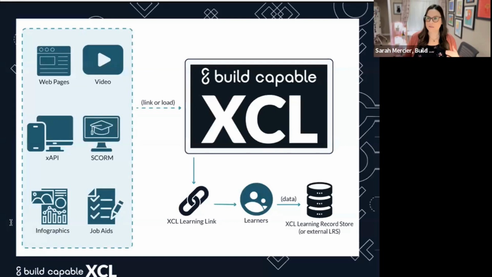And I think that is something that is definitely different about the way that XCL works, because on the flip side of that, one of the problems that we often had was that we had organizations we were working with that wanted the opposite. They wanted to know who was accessing it, was it useful, what did they do?